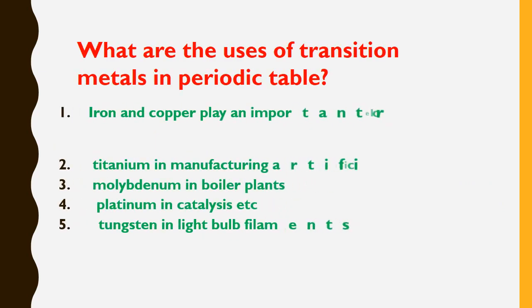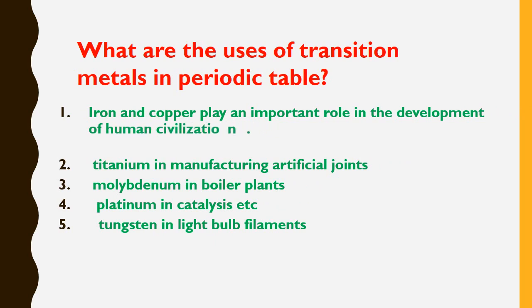Now see, what are the uses of transition metals? Point number 1, the mostly used metals, iron and copper, play an important role in the development of human civilization. Point number 2, titanium is used in manufacturing artificial joints.